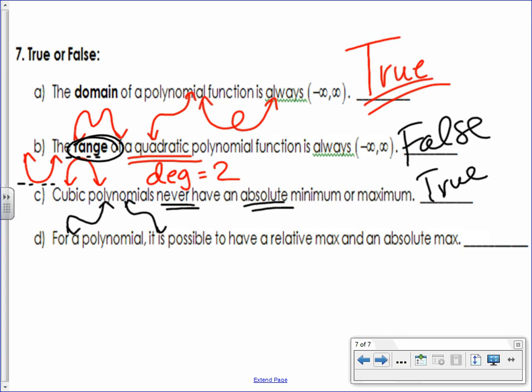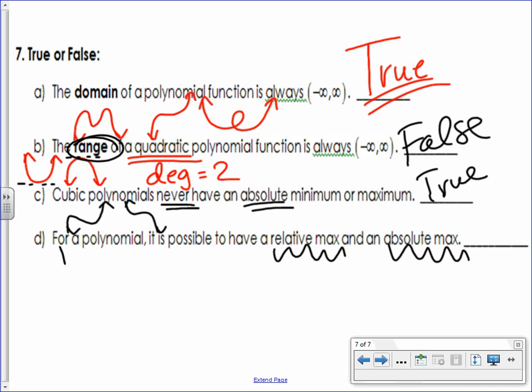And then letter D, for a polynomial, it is possible to have a relative max and an absolute max. They're saying for a graph, it's possible to have both relative and absolute. What do we think?